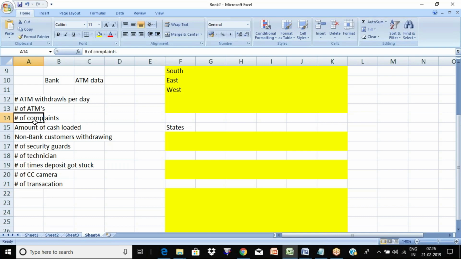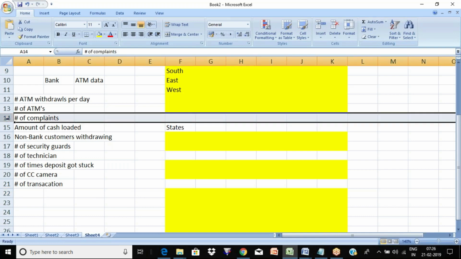See, from this one complaints metric we can derive multiple metrics. Like, what kind of complaint? It could be we are clicking on a particular button on the ATM and it's not working. That could be one complaint. The card got stuck, that could be another complaint. The transaction happened, but I did not receive any money, that could be a complaint.